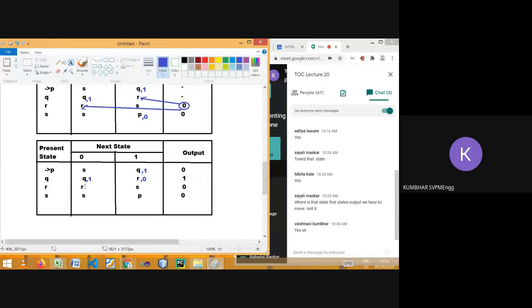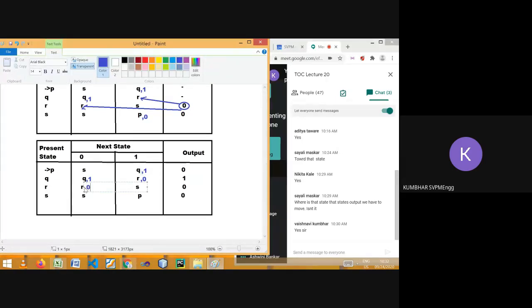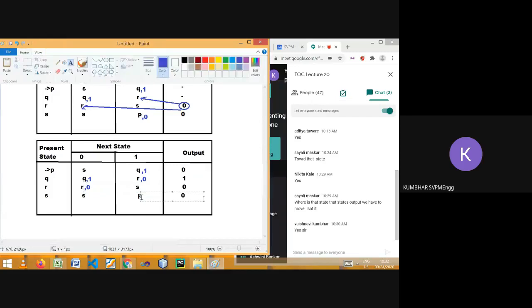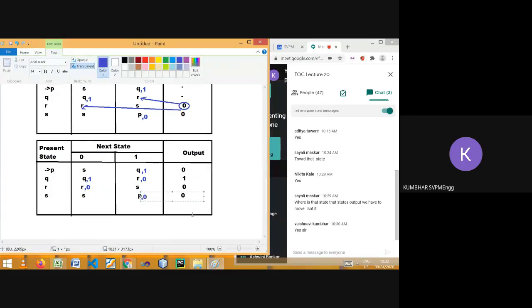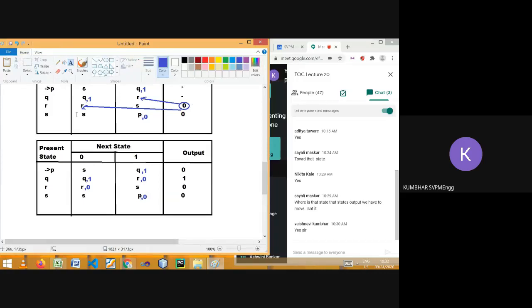For R, the output was 0, so that will be associated here, and for P it was 0. So this is after moving this 0 to R. In this case, these 0, 1, 0 will not be there. We have moved them. Now remaining is only this third one, this 0, and that is the output of S. So we have to associate this with S. How many positions are there where S is there? 3 positions.